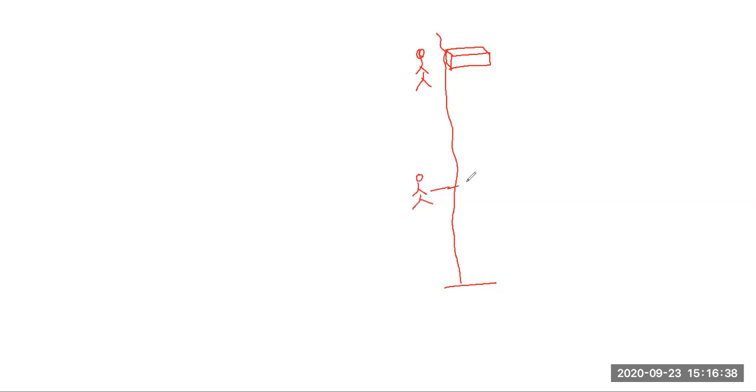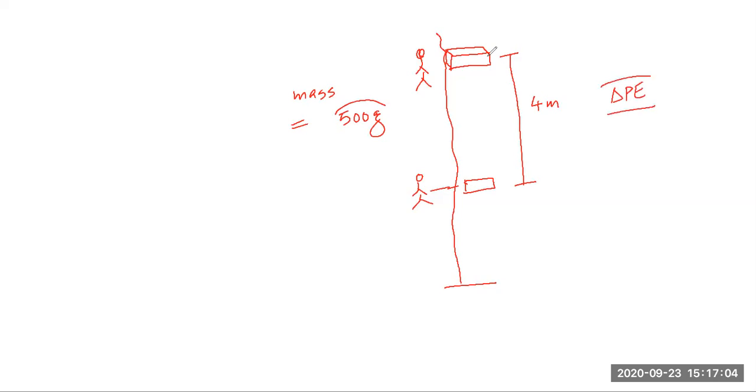He catches the book here. The book flies down by a height of, let's say, 4 meter. The mass of the book is 500 grams. Students, can you tell its change in potential energy when it is dropped from position 1 to position 2?